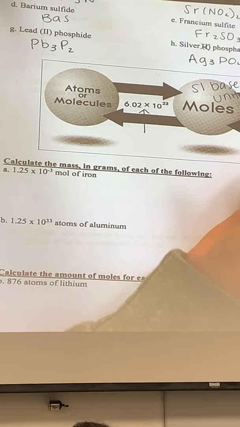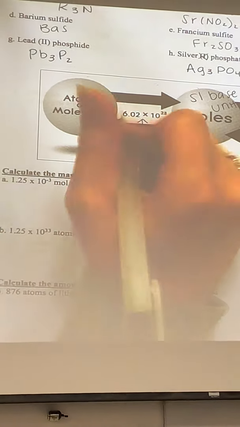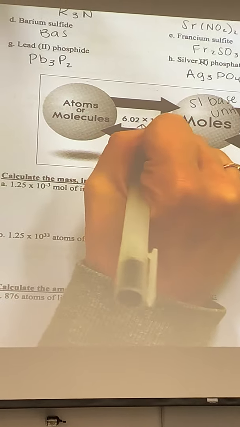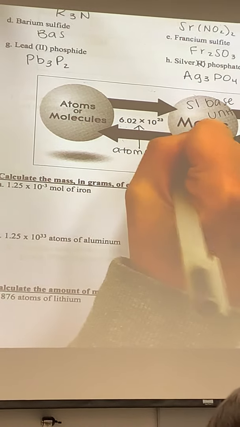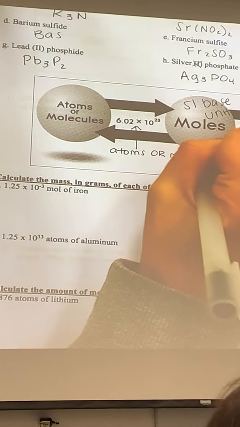So what are the units for Avogadro's number? Atoms or molecules. So 6.02 times 10 to the 23rd atoms or molecules for every 1 mole. And then what are our units for molar mass? So it's going to be the amount of grams in the periodic table, also for every 1 mole of substance.